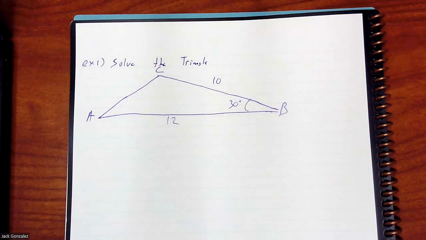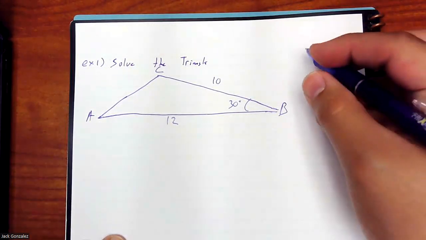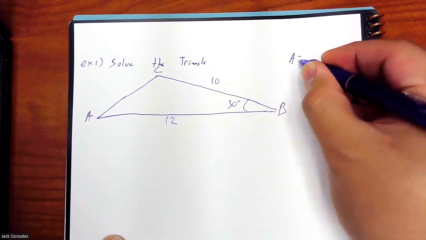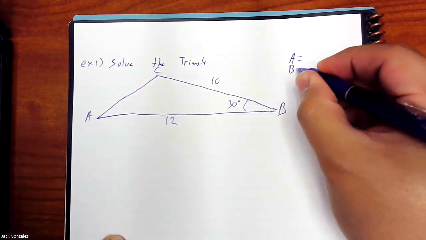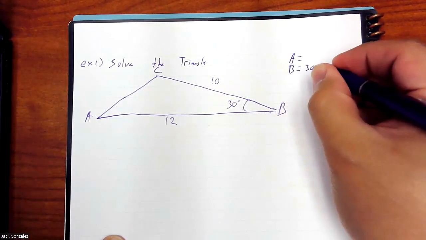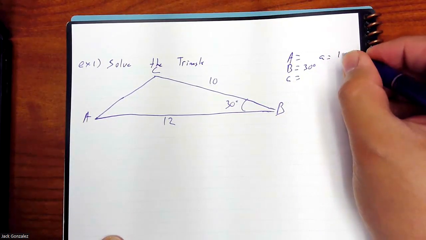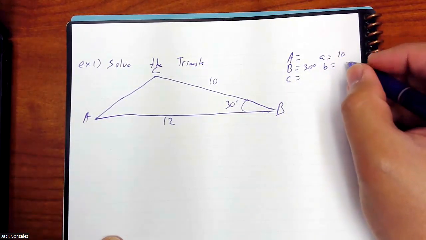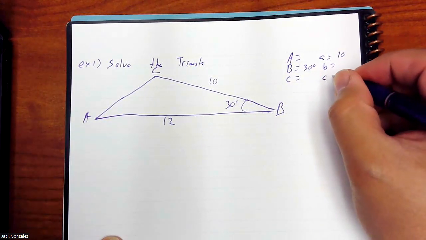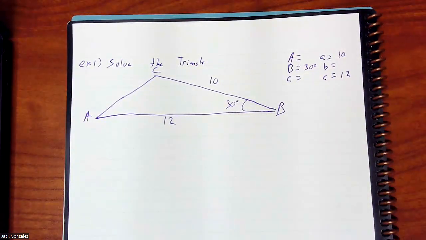But notice how none of those sides are opposite to the angle. So that's what messes us up. I'm going to put it over here to the side, the stuff we want to find. Do you see why we have to do law of cosines? We have no choice.